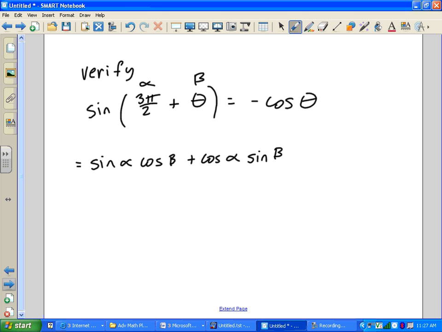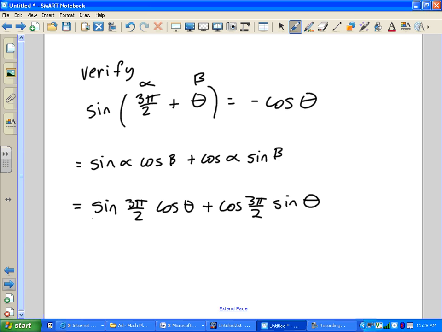Okay, now that's my formula, but now let's fill it in. So this would be sine of 3 pi over 2 times the cosine of theta, okay, plus the cosine of 3 pi over 2 times sine of theta.